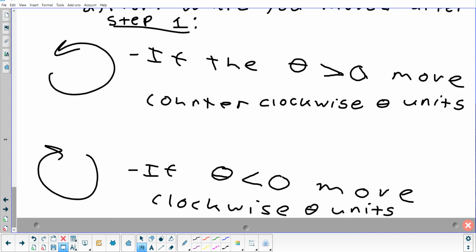Clockwise is this way. The next 5 or 6 problems we're going to do is just practicing graphing the point.